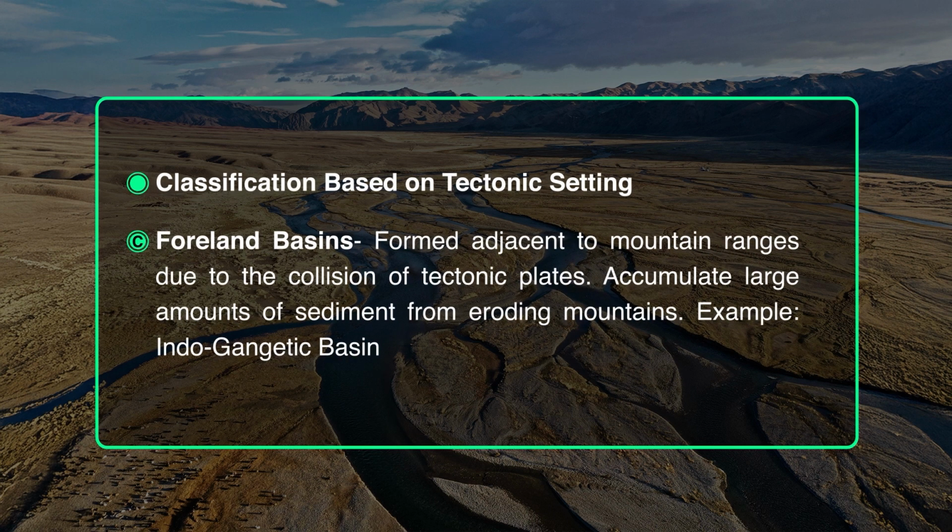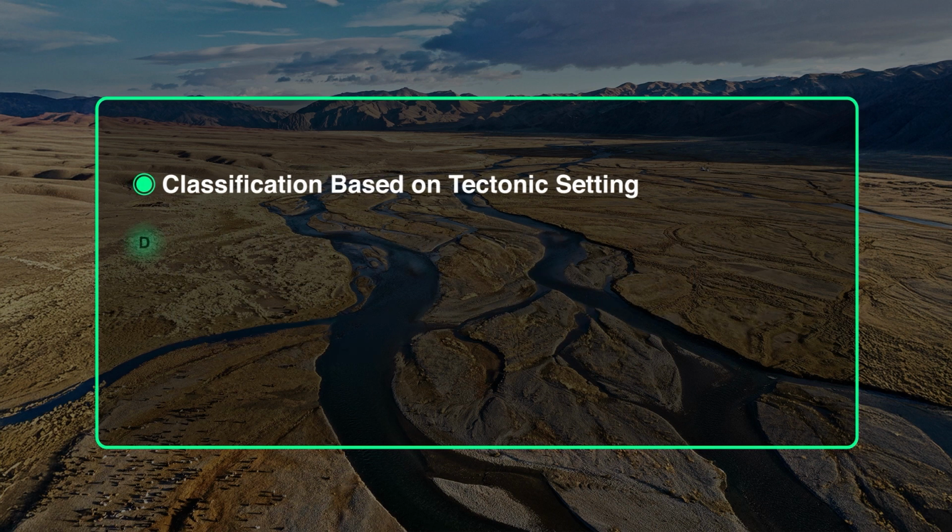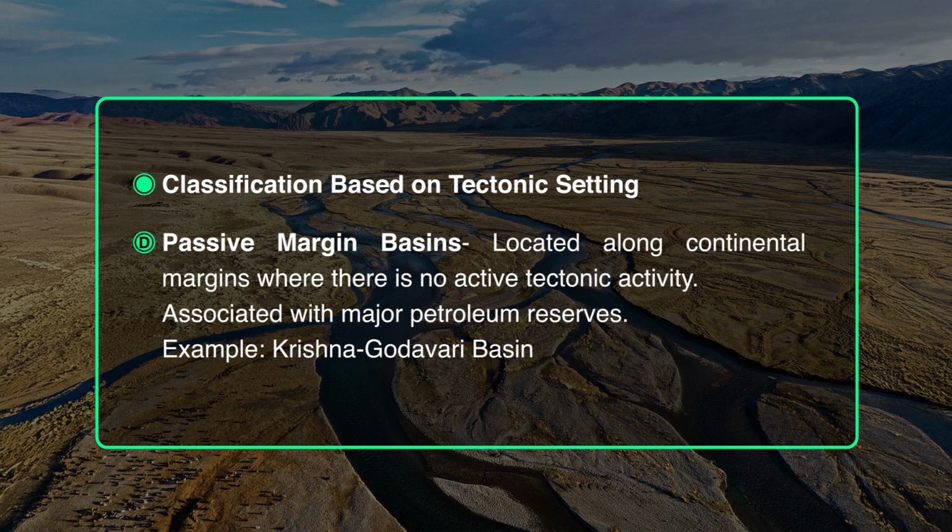Then the foreland basin, which is formed adjacent to mountain ranges due to the collision of tectonic plates and accumulates large amounts of sediment from eroding mountains, like the Indo-Gangetic Basin. The fourth type is the passive margin basins, which are located along continental margins where there is no active tectonic activity, and they are associated with major petroleum reserves, for example, the Krishna Godavari Basin.